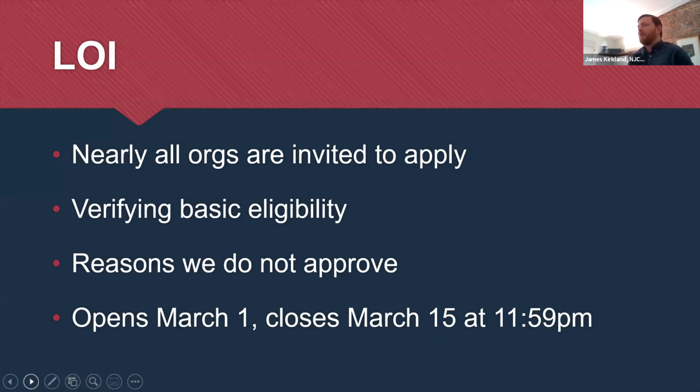Eligible organizations include 501c3 nonprofit organizations and entities of state and local government. We do on occasion allow organizations that do not fit that profile to apply with a fiscal sponsor. For 501c3 organizations, you need at least one year of verifiable public operation to apply, and we do verify these details.